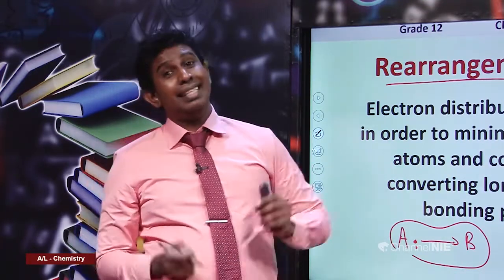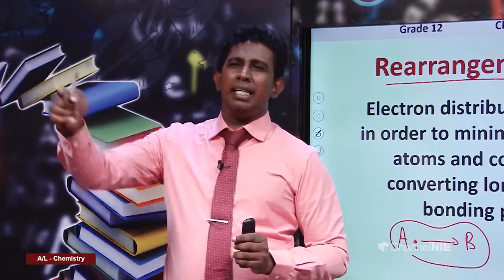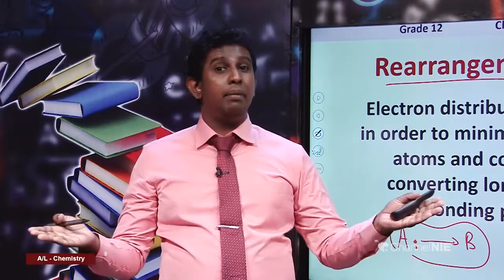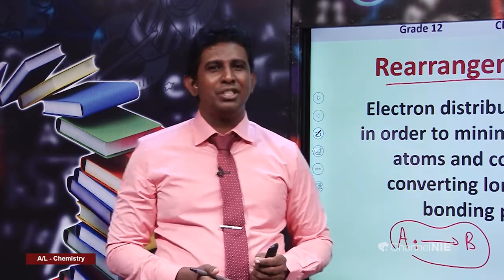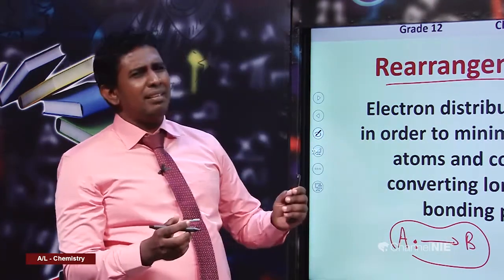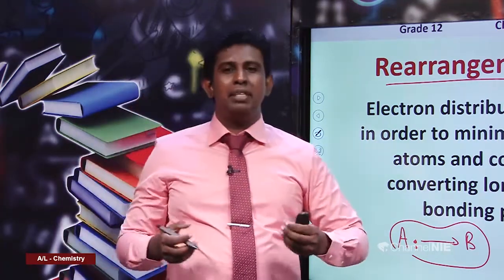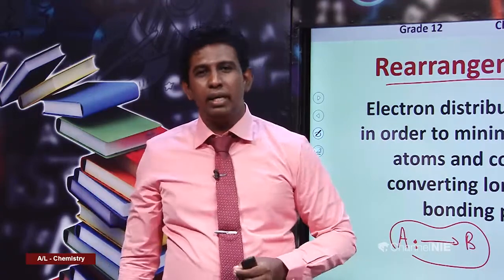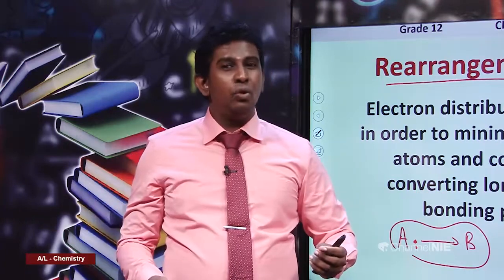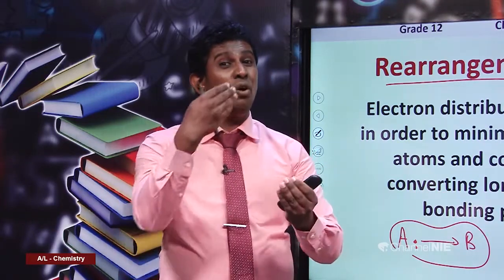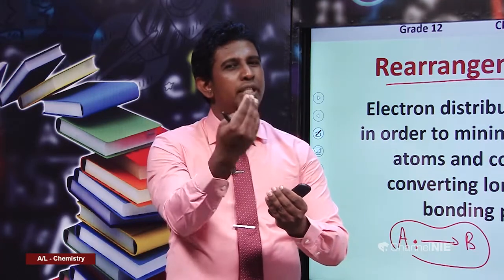Students, in that aspect, consider the elements in the second period of the periodic table: lithium, beryllium, boron, carbon, nitrogen, oxygen, fluorine, neon. They have 2s and 2p only. Therefore, maximally they have 4 atomic orbitals only, 1 from 2s and 3 from 2p. Then you can't give further bonding on them. They do not have any empty atomic orbital to receive dative bonds.